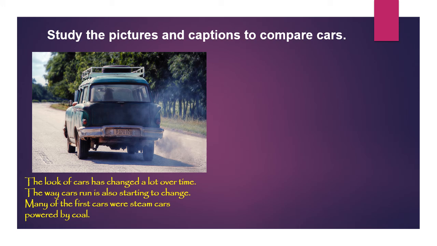We cannot compare a Bentley to this one. You can see that a lot has changed. So the way cars run is also starting to change. Many of the first cars were steam cars powered by coal. So this is not using gas or oil. This car was using coal.